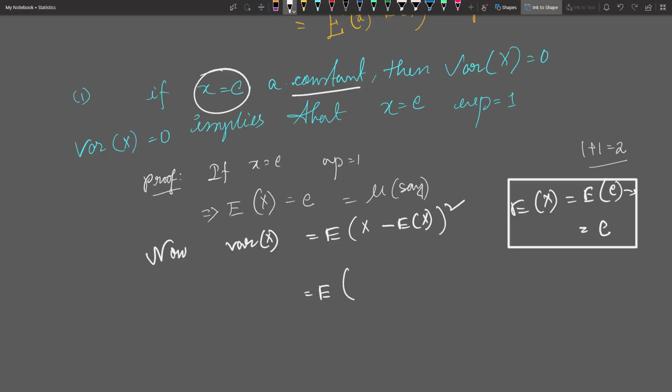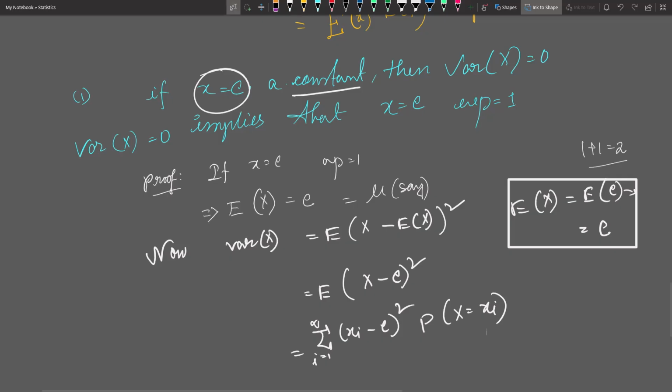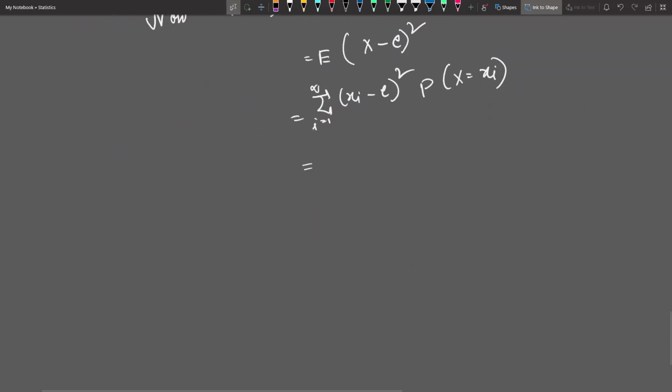So here x minus c, and the expectation of this will be nothing but, this is the formula, (x_i minus mu) whole square p(x_i). There is nothing so tough, this is as simple as that. Next step, we should write here (c minus c) square times 1 is equal to 0.